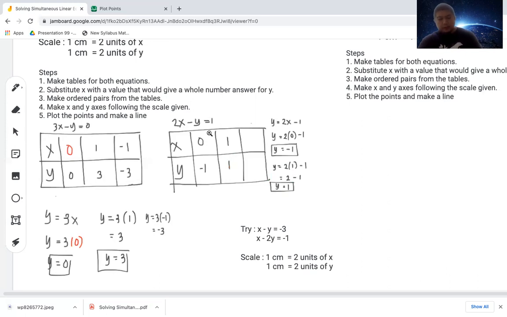Another one, let's say I want to put it as 2. That means y is equivalent to 2 times 2 minus 1, which is going to give me 4 minus 1.